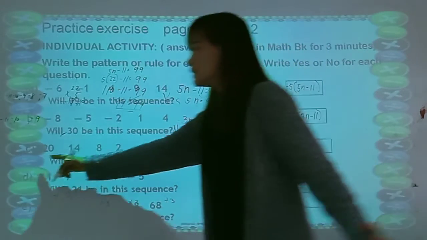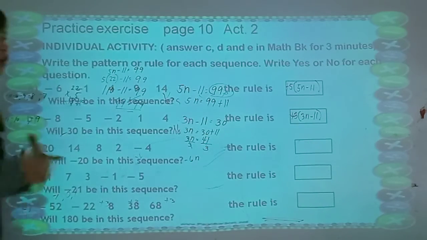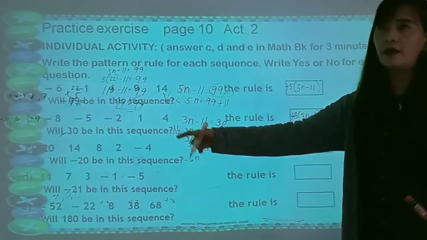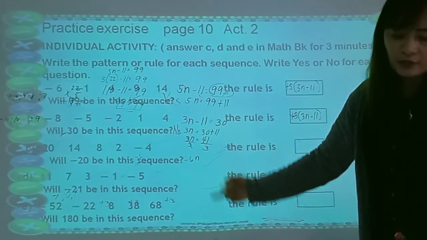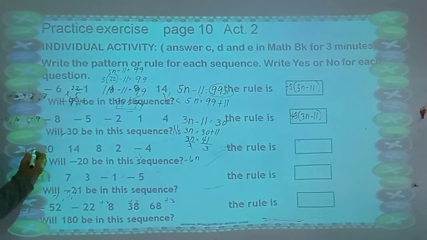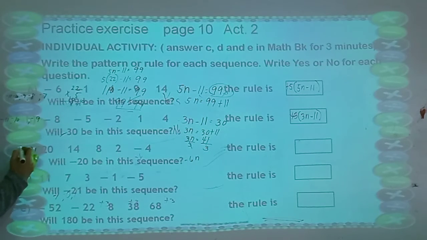So this is 20. If we are going to subtract by 6, the previous number of 20 is, the next number we have here is 21, next we have 22, 23, 24, 25, and then 26.